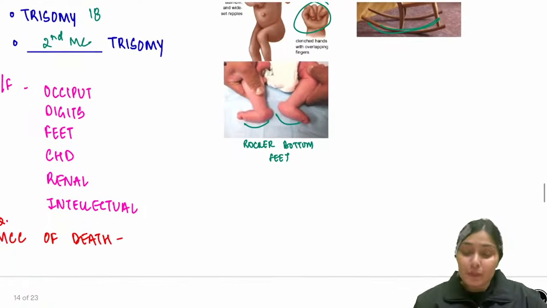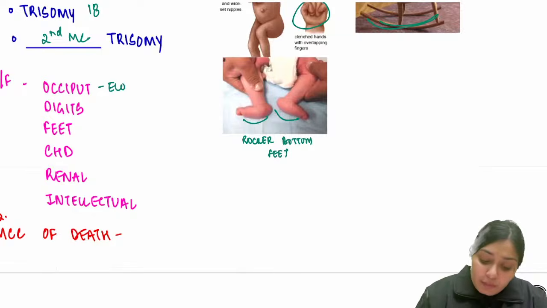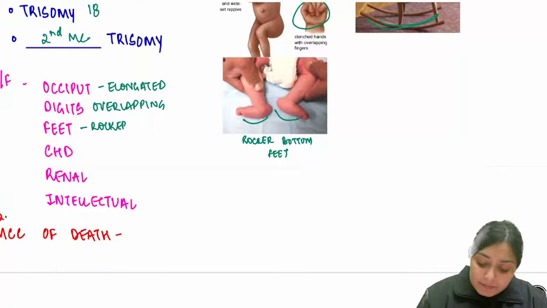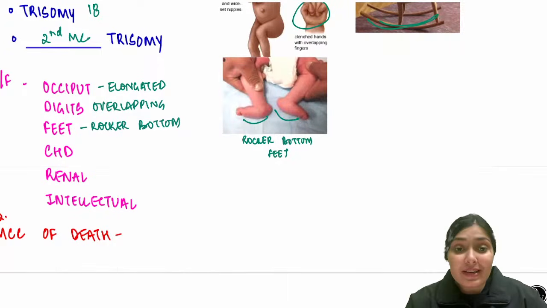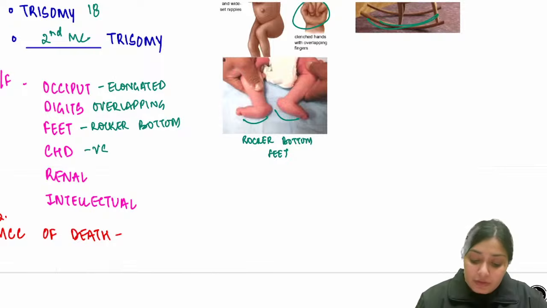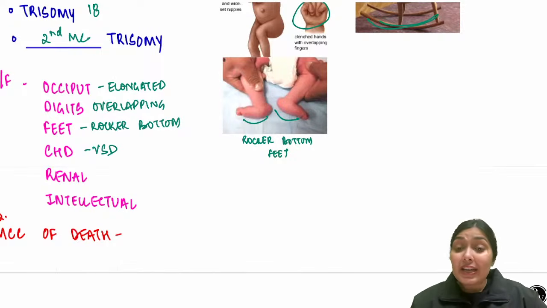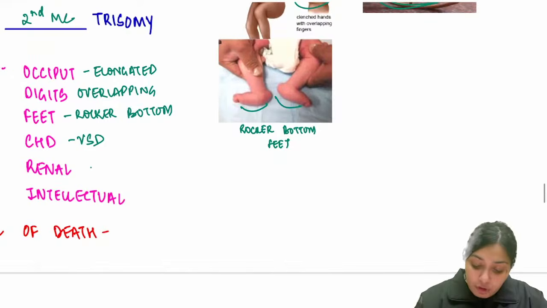You see an occiput that is elongated and prominent. The digits are overlapping. Feet are rocker bottom feet. They have a predisposition to certain congenital heart diseases, the most common being ventricular septal defects. In the kidneys, they have renal anomalies like horseshoe kidneys.